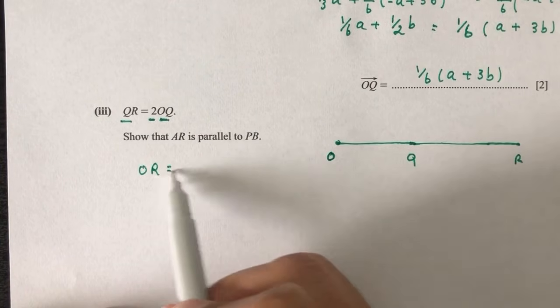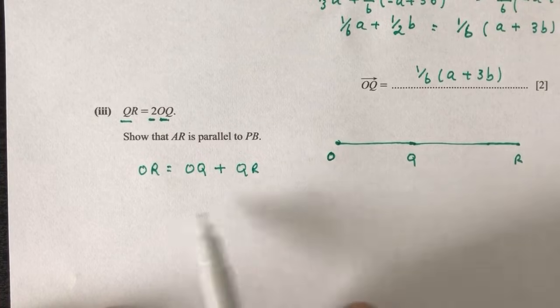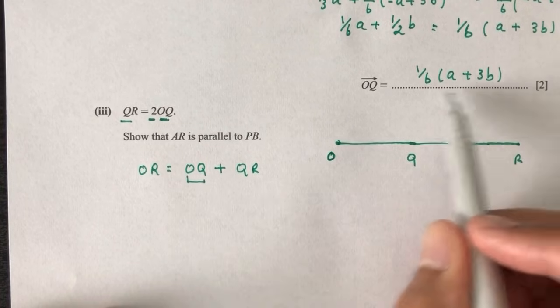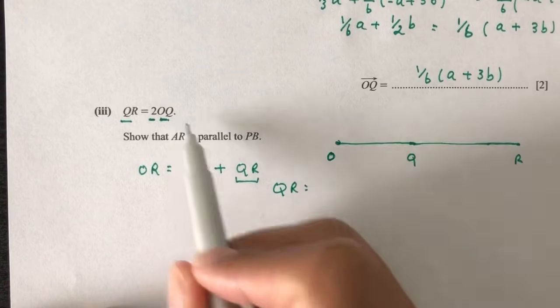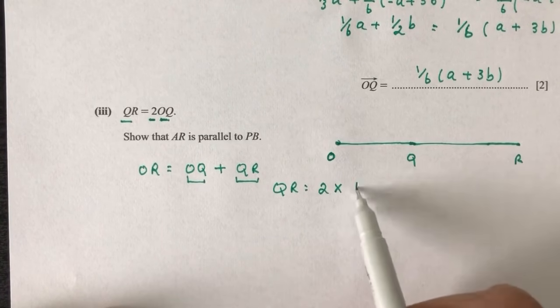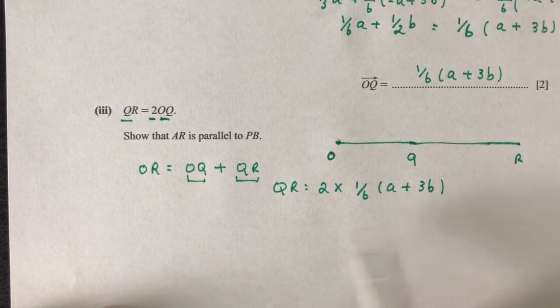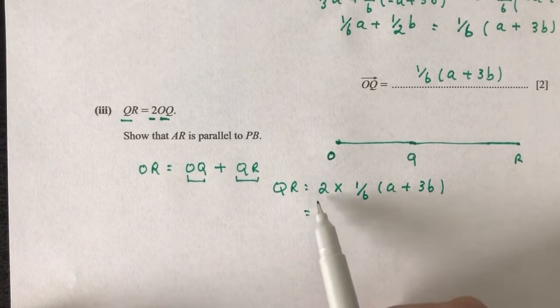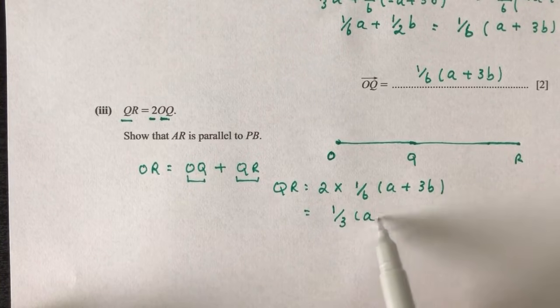OR is OQ plus QR. So we know OQ. OQ is here. Find the length of QR. QR is 2 times OQ. 2 times 1/6 of (a plus 3b). So this will be 1/3 of (a plus 3b).